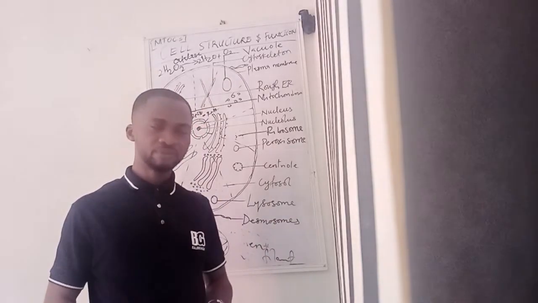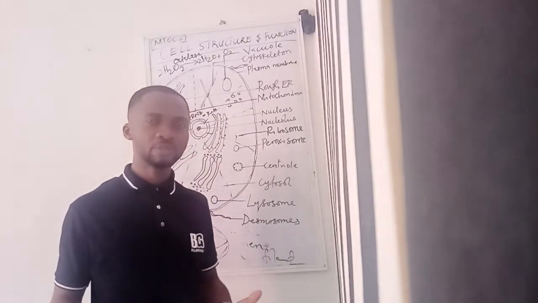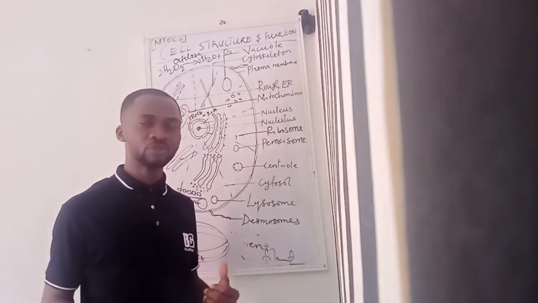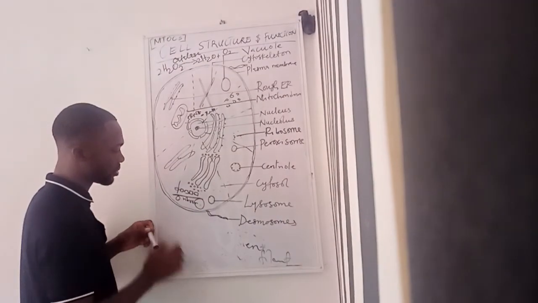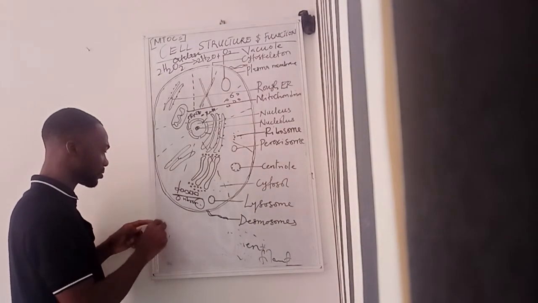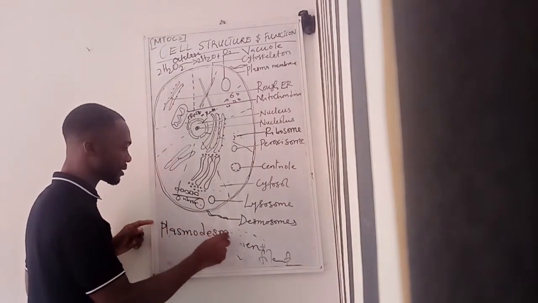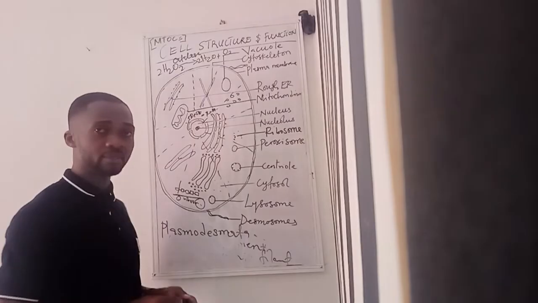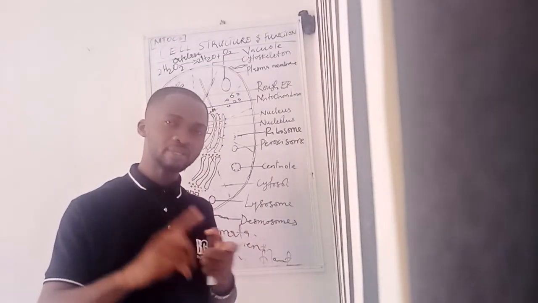This will now lead us to differences between plant and animal cells, and I've mentioned some of them. Let me start with the desmosome I just mentioned. A plant cell doesn't have desmosomes. It has what is called plasmodesmata. Plasmodesmata are found in plant cells, the point of attachment between one plant cell and another plant cell.